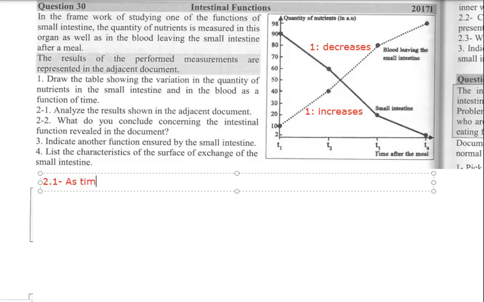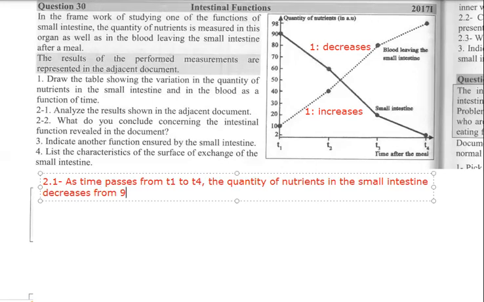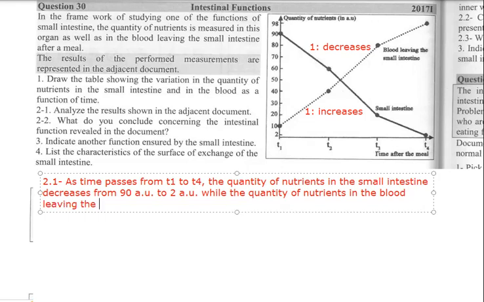We will say, as time passes from T1 to T4, the quantity of nutrients in the small intestine decreases from 90 AU, we never forget the unit, to 2 AU, while the quantity of nutrients in the blood leaving the small intestine increases from 10 AU to 98 AU. Analysis done. Too simple.